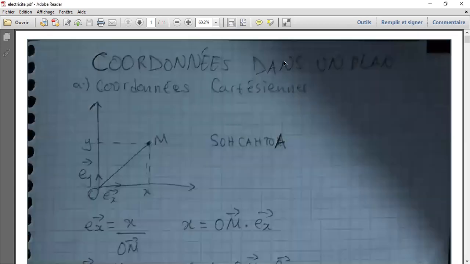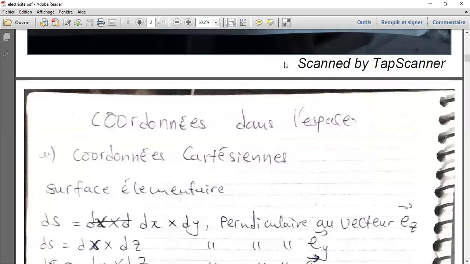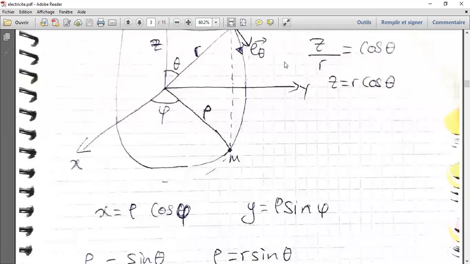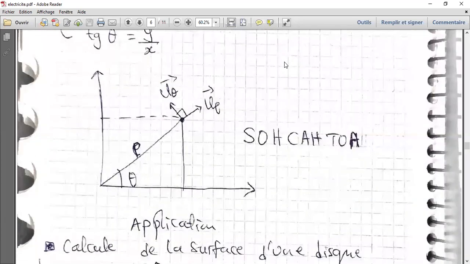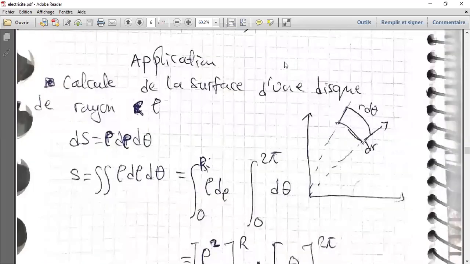Okay. So I prepared an example for you guys, since I know you understand better with examples. Under coordonnées polaires, there's an application.